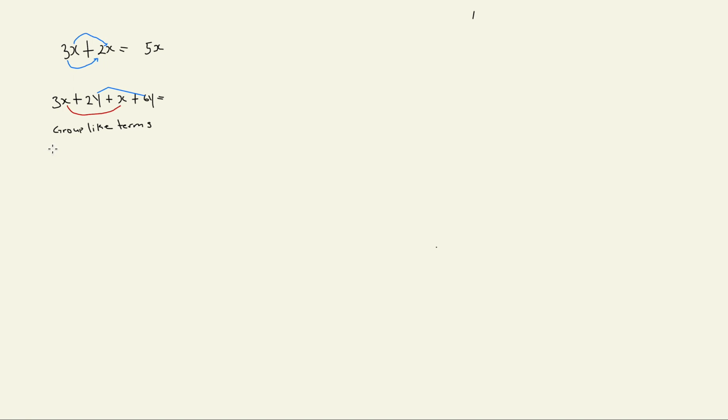So now we'll have 3x plus x plus 2y plus 6y. Now we have the like terms together, we'll just add them. So 3x plus x is equal to 4x.